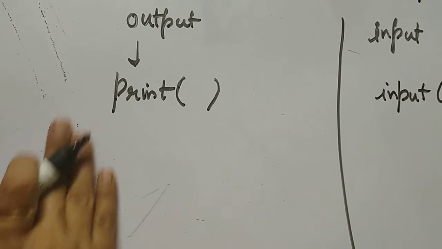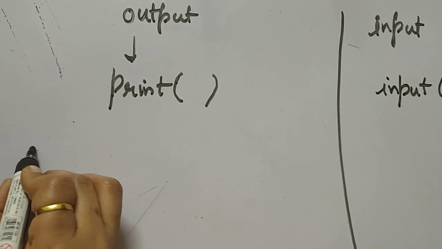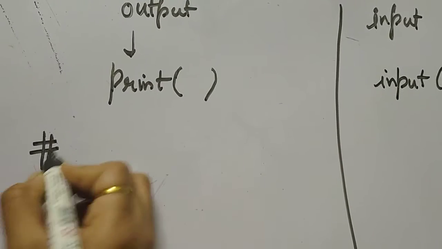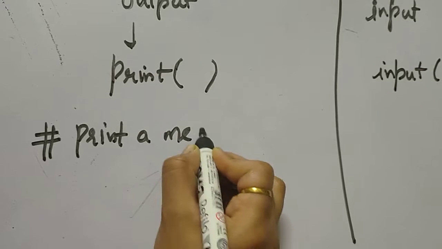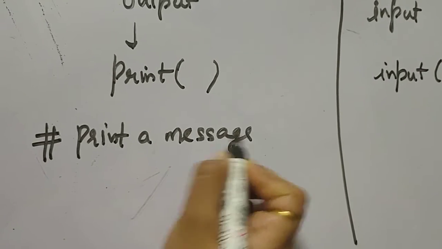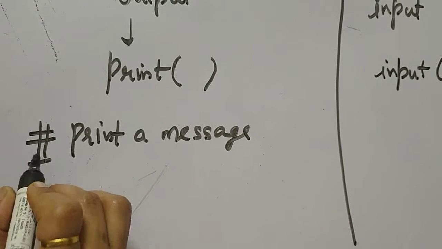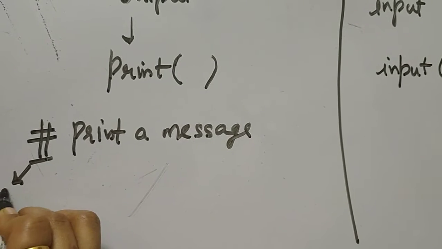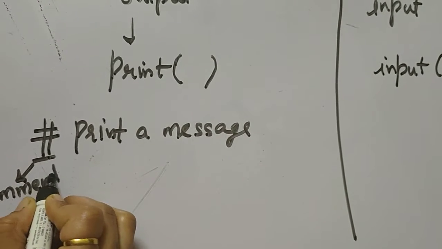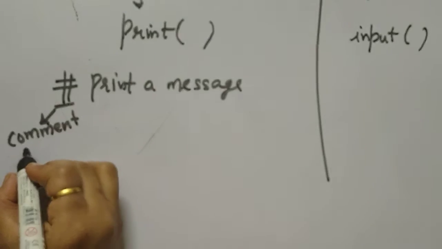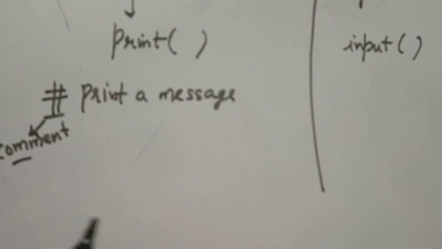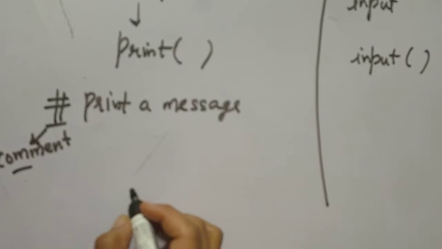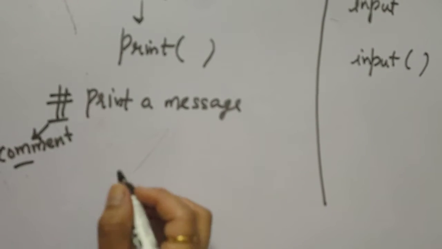If we just have to print a message, any message, this hash is not a hashtag; it is basically for comments. After this topic we will discuss what a comment is. For now, you can say this is the heading of our program. Now we want to print some message.